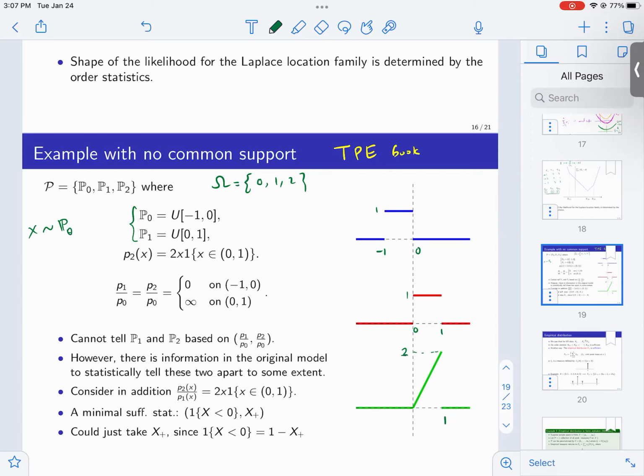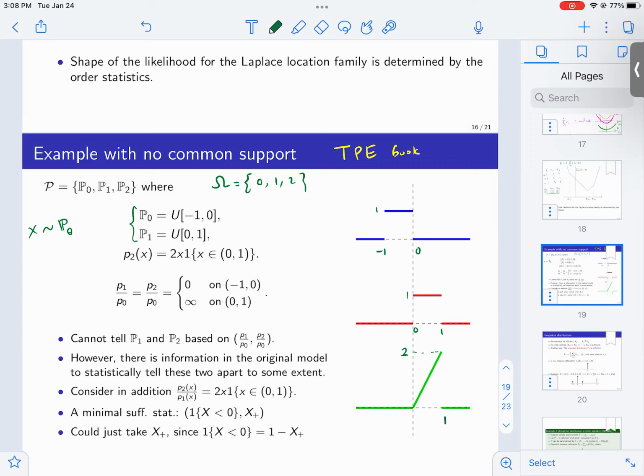So if I am closer to 1, I'm more likely under this. And this is captured exactly by the likelihood ratio. If you take the likelihood ratio of P2 to P1, then when the likelihood ratio is bigger than 1, it tells you that the evidence is in favor of P2.